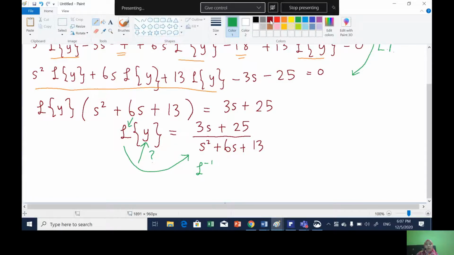So this means that we can find the solution of y by finding the inverse of the one on the right hand side. So find this inverse.